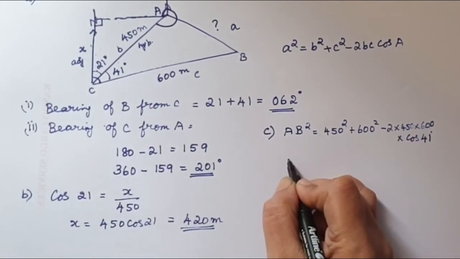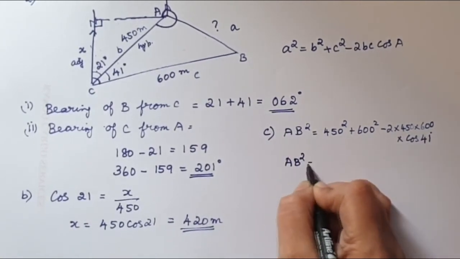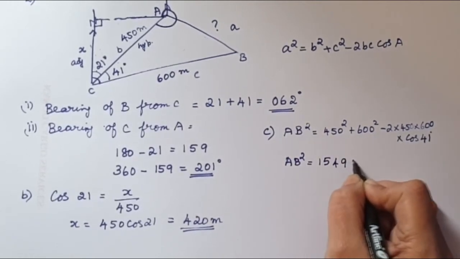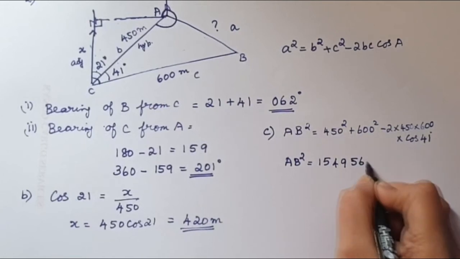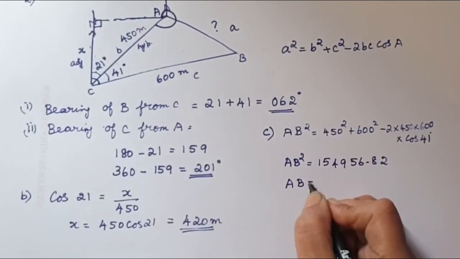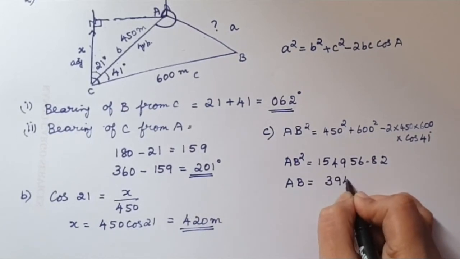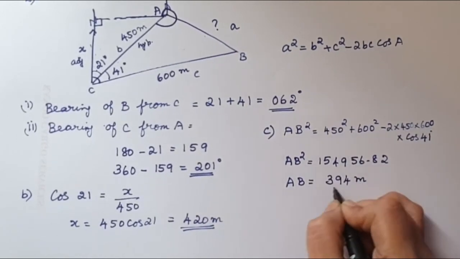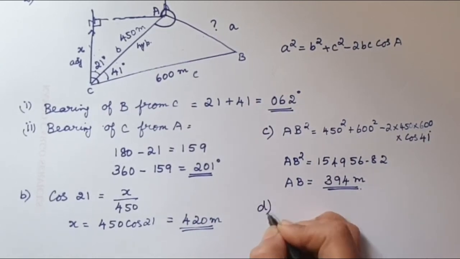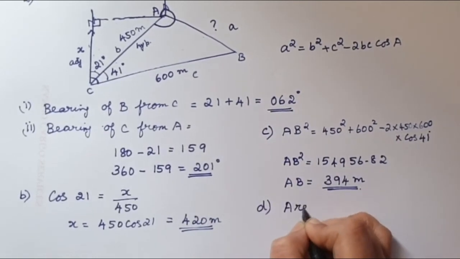When you simplify it, AB square will be equal to 154956.82. So AB will be equal to 394 meters.